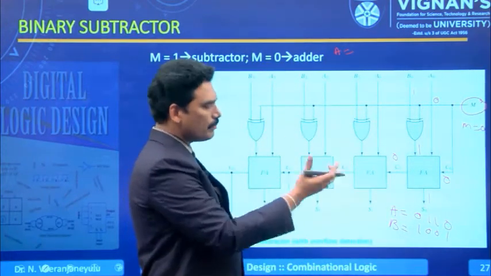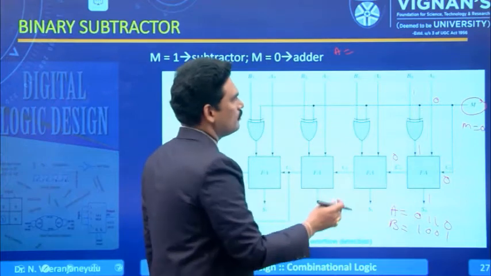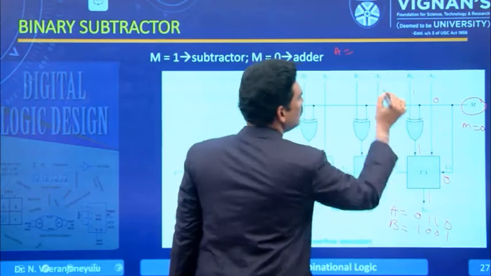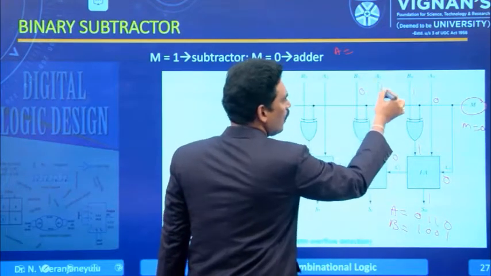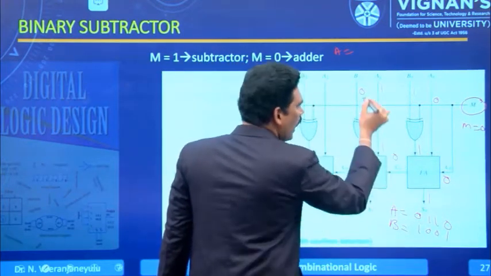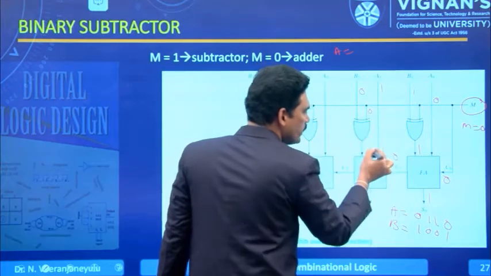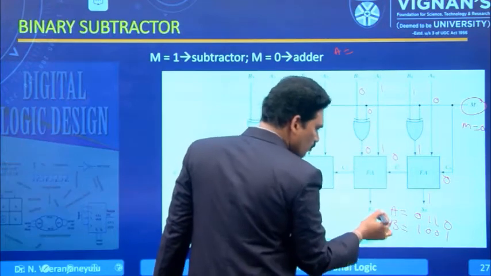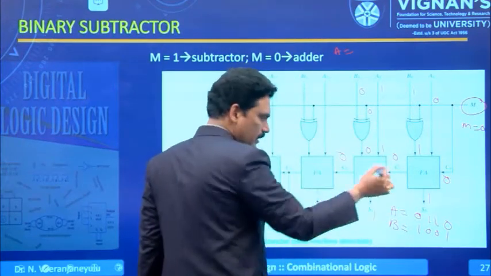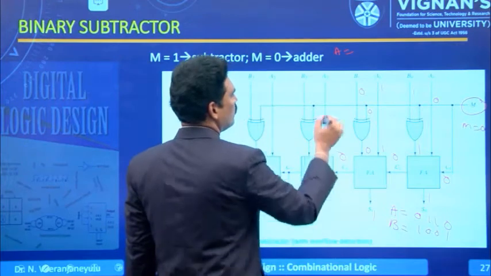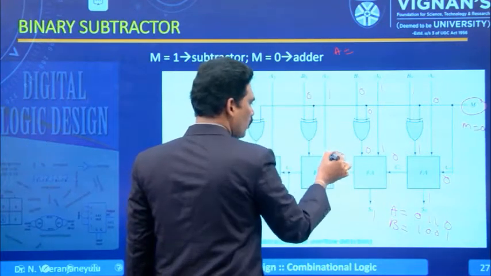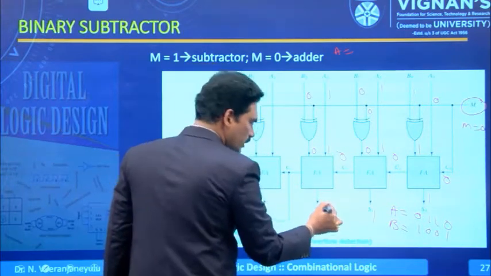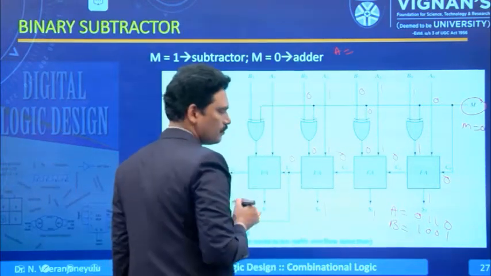This is 1 bit, and now here are A1 and B1. The values of A1, B1 are 1, 0. A1 is 1 and B1 is 0, and it takes 0 as it is, B as it is. 1 plus 0 gives 1, and the carry is 0. Next, the third bit, 1, 0, same, it gives 1, and there is no carry.